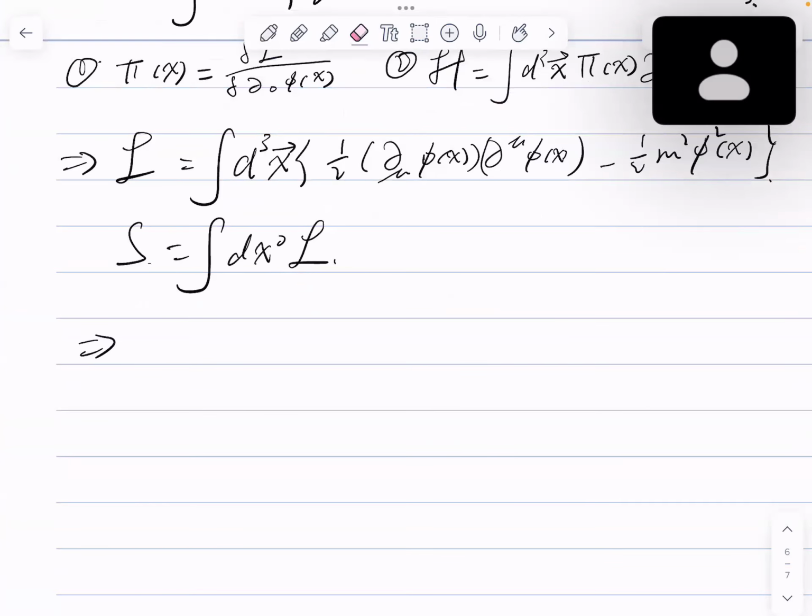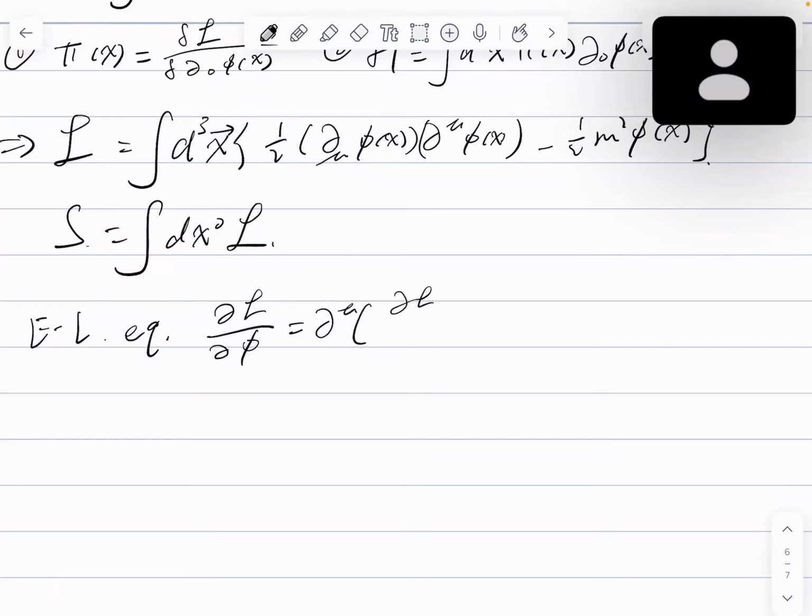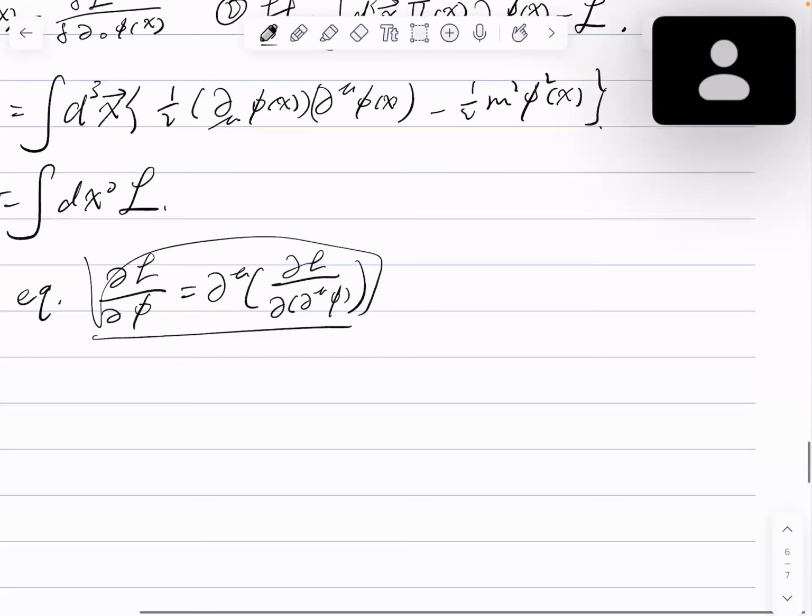I'd better write it down. The EL equation is ∂L over ∂φ minus ∂_μ of ∂L over ∂(∂_μφ) equals 0. Using this EL equation, we can immediately derive the Klein-Gordon equation.